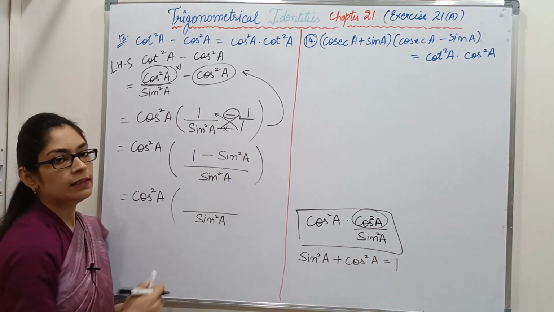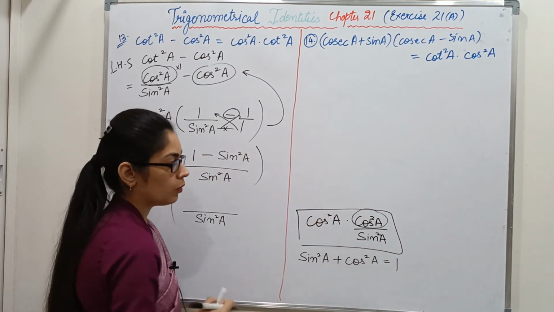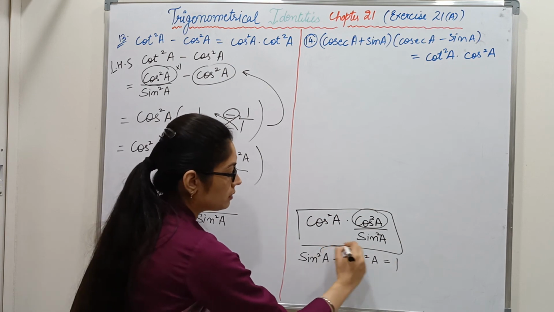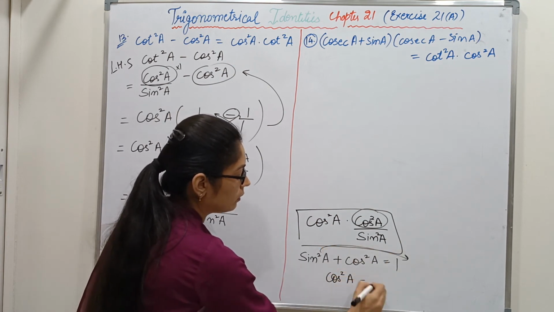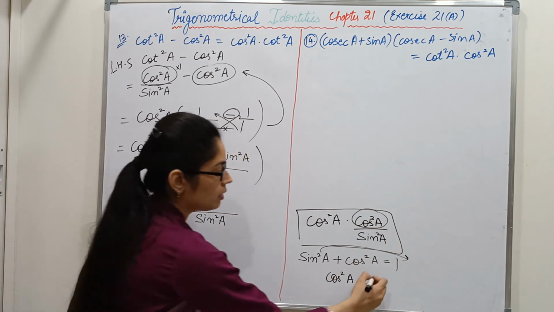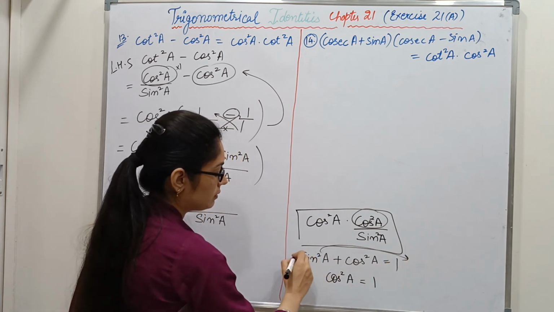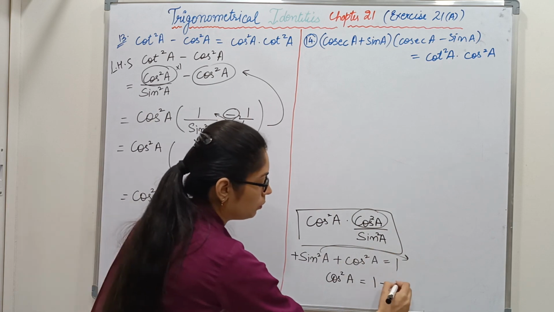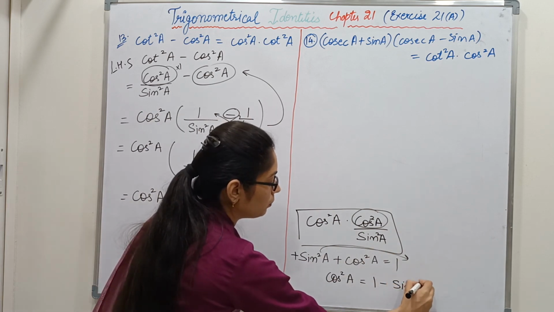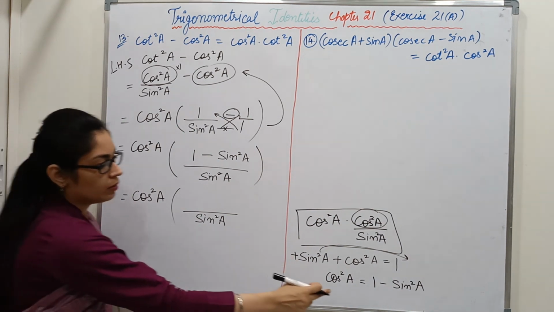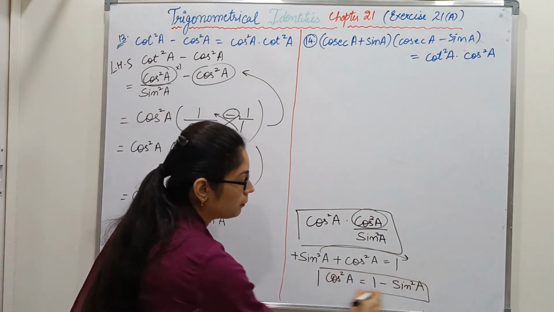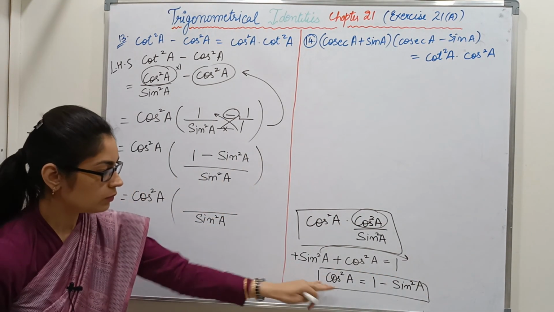Now we have 1 minus sin square a, and here we need cos. So that means sin we will shift to other side. If we shift sin to other side, I'll get cos square a is equals to 1 as it is, plus sin will be changed to minus sin square a. This plus changes to minus on shifting to other side. So from here we got to know that 1 minus sin square a is equals to cos square a.